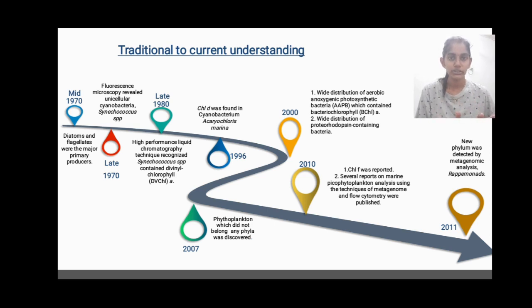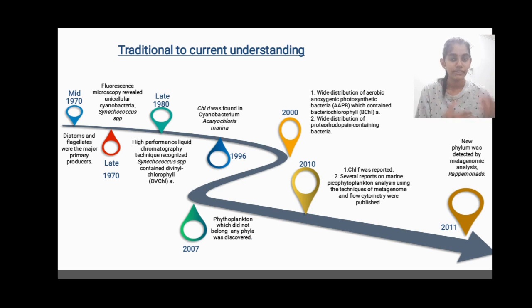One is about the wide distribution of aerobic anoxygenic photosynthetic bacteria, AAPB, which contain bacterial chlorophyll a, and the second is about the wide distribution of the proteorhodopsin-containing bacteria.